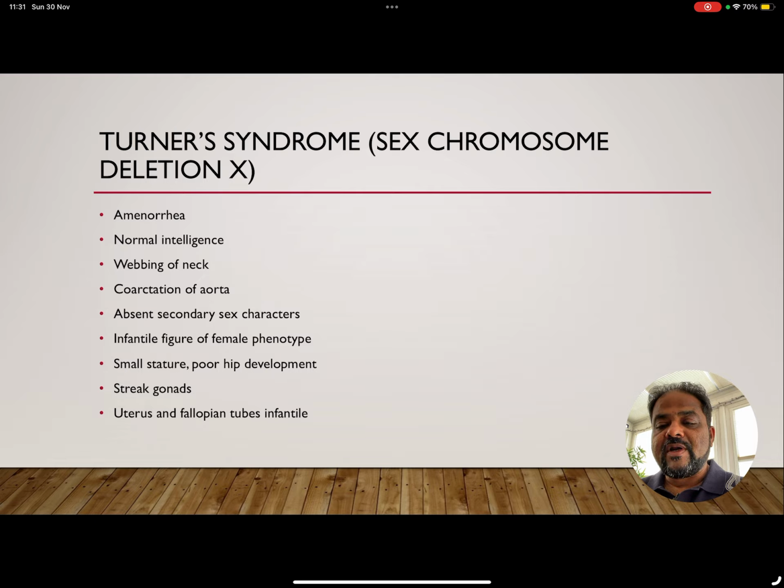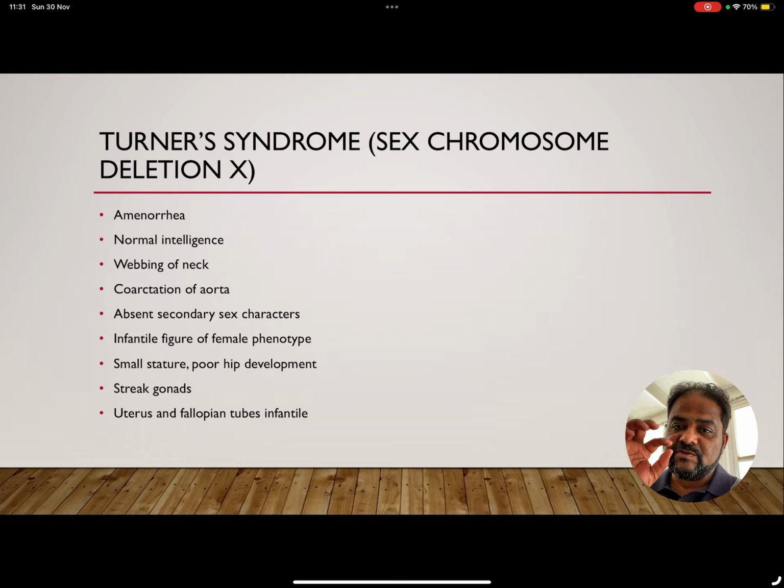For proper maintenance of the ovarian reserve, both X chromosomes are needed. So in Turner syndrome, when one X is missing, the reserve of primary oocytes is depleted even before the female fetus is born, and only the supporting tissue is left behind.